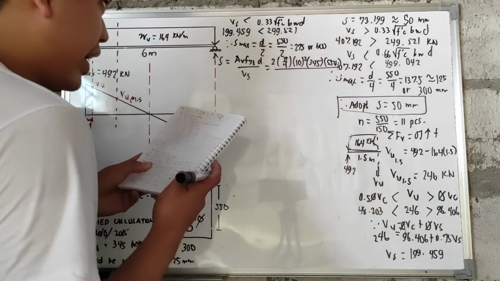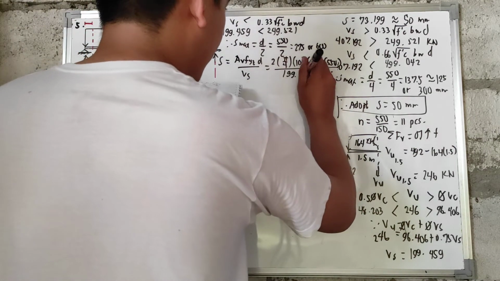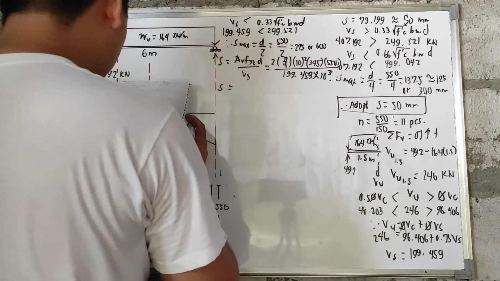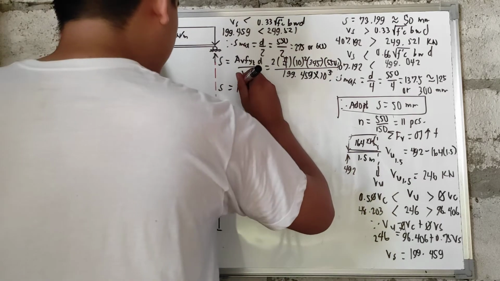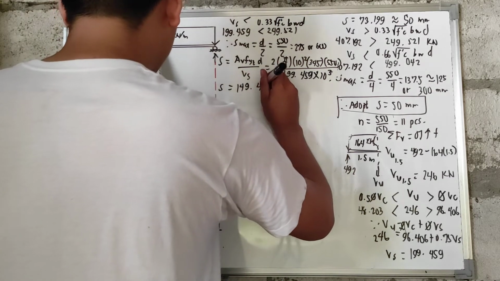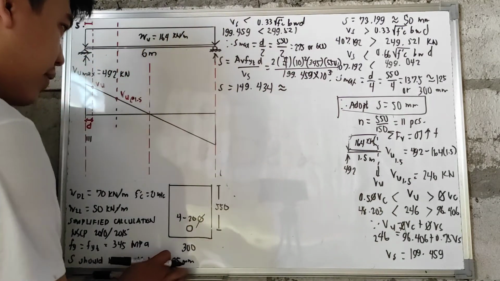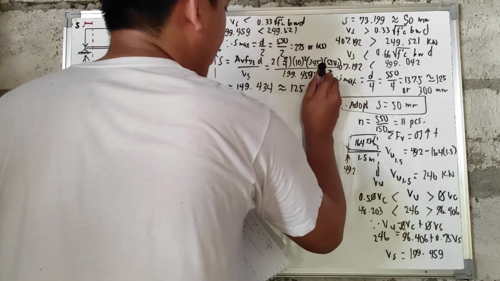Over yung V sub S natin, which is equal to 199.459 times 10 raised to 3. So the value of your spacing is now equal to 149.434. So since round down tayo to the multiples of 25, so that will be equal to 125 mm.